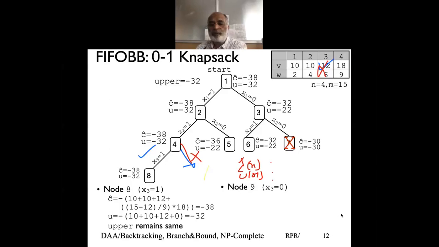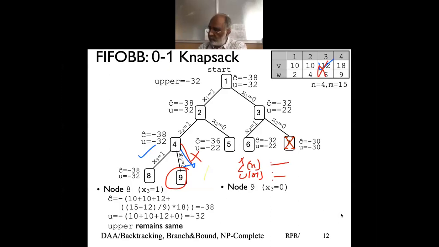Dhruv, Faria, for this node 9, what would be my C hat x and U x? I would like you to make sure you understand this, because in the internal I am going to ask a question very related to something of this kind.